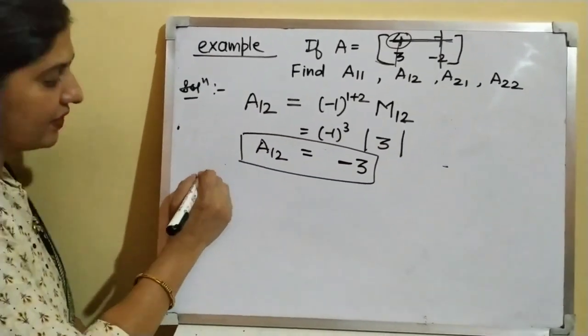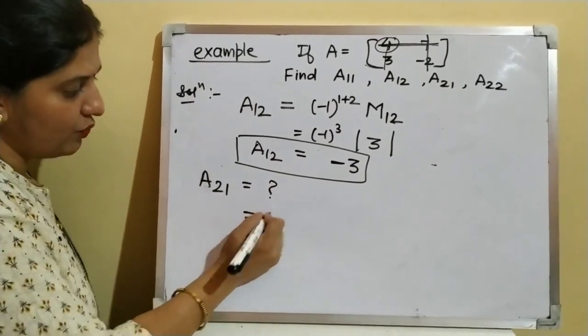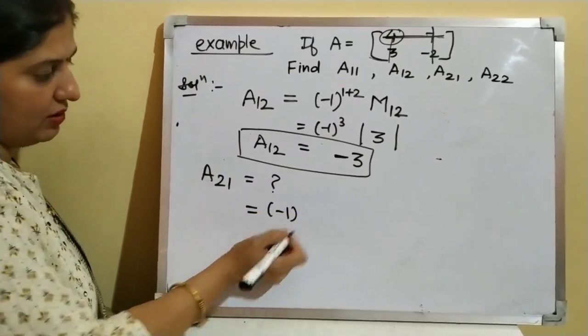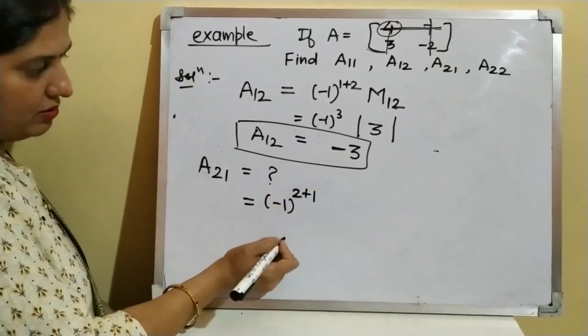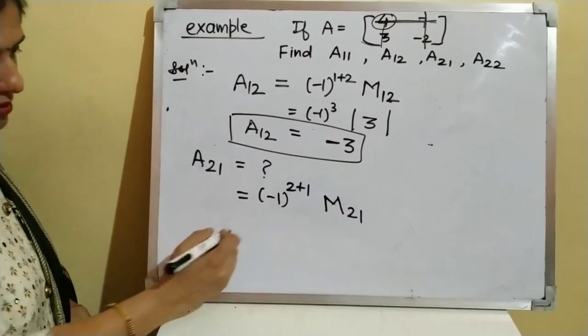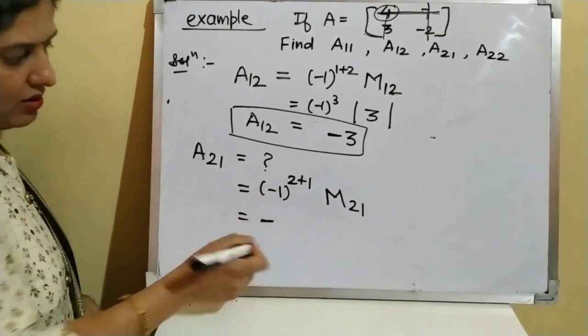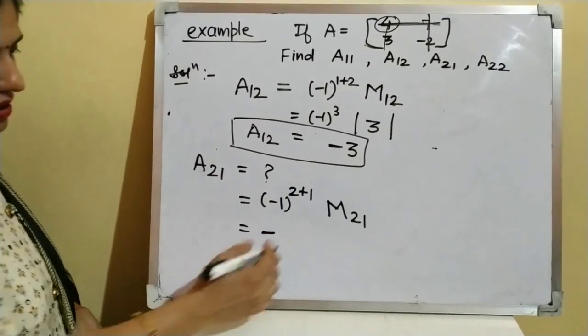In the same way, A21 we have to calculate. A21 is equal to minus 1 to the power 2 plus 1 multiplied with M21. Minus 1 to the power 2 plus 1, 3. 3 is odd, so the answer is negative.